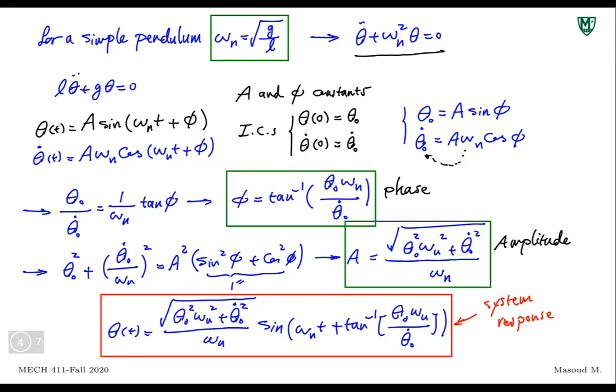One more thing I wanted to mention is that look at the equation for simple pendulum natural frequency. This is the natural frequency. It's the square root of g over L. The only parameter that we have there that is related to the system is the length of the string.